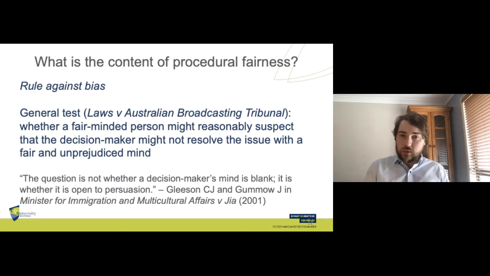So the tribunal had to look into Laws' radio show and decide whether the program had breached the rules under the broadcasting regulations. The tribunal publicised some of its preliminary decisions, and Laws then sued the tribunal for defamation as well. So there was a concern that because members of the tribunal were being sued for defamation, they would be biased in the case against Laws.